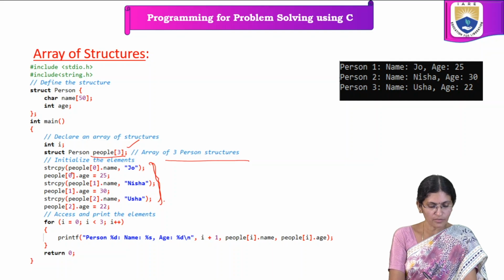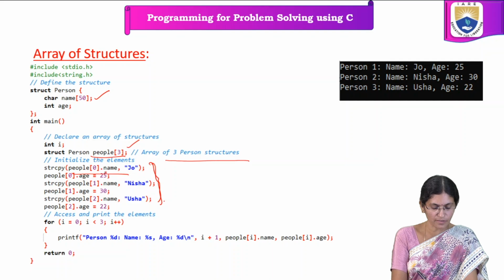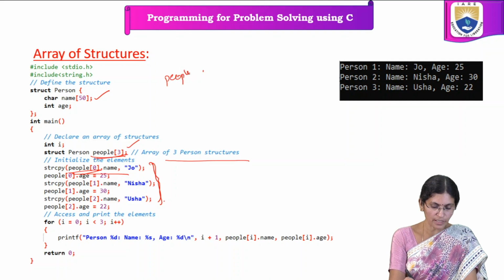With strcpy, we can initialize this value by using the dot operator, and in order to access each member we have to use the dot operator along with the name of the variable. Here the name of the variable is people, and it is an array, so we need to specify the corresponding index, then dot name.